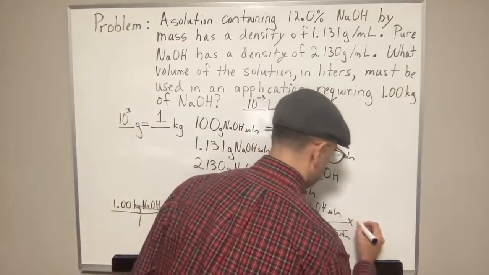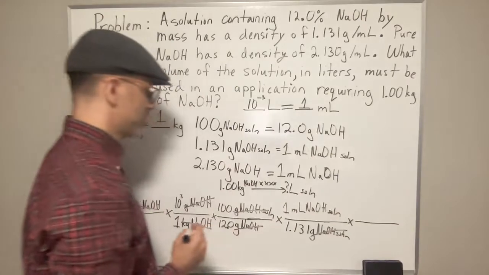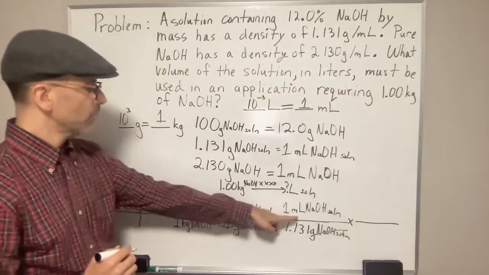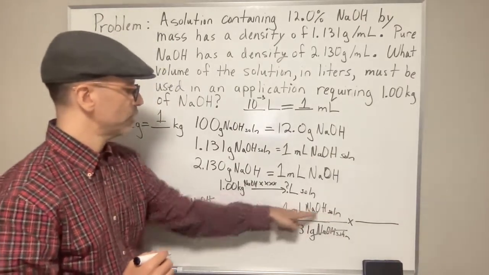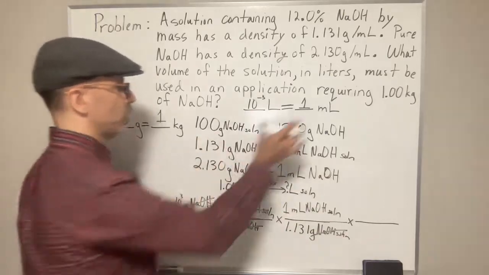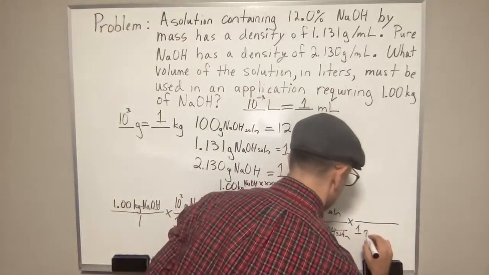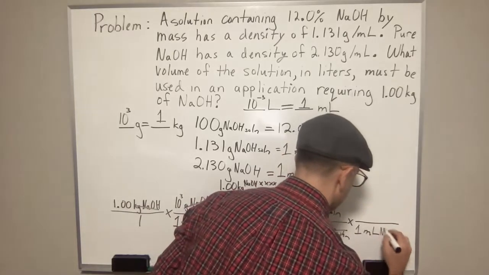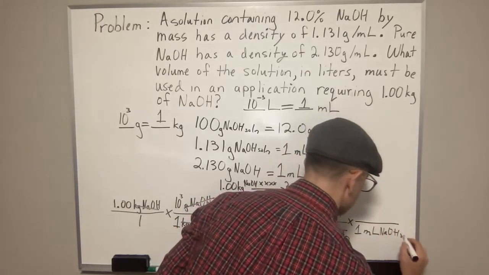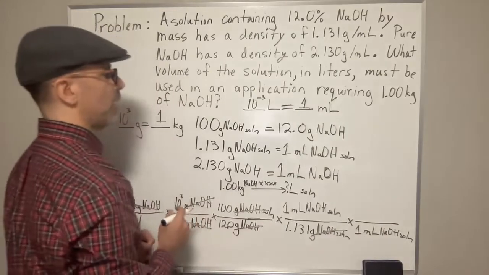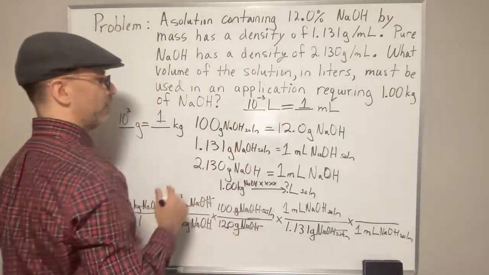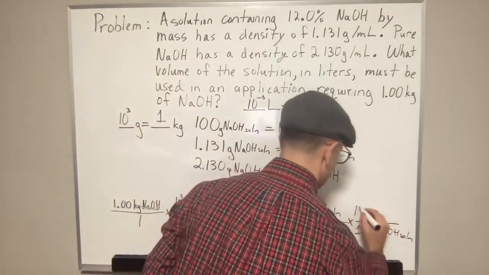So now my next step, I have milliliters of NaOH solution on the top, so I need to put milliliters of NaOH solution on the bottom. So 1 milliliter of NaOH solution is on the bottom, and 10 to the negative 3 liters of NaOH solution on the top.